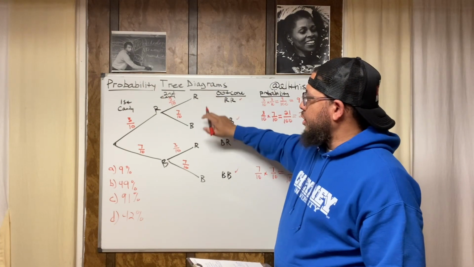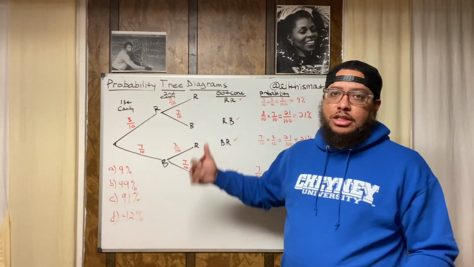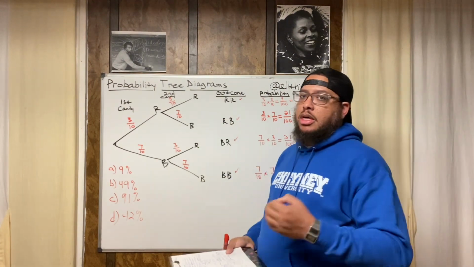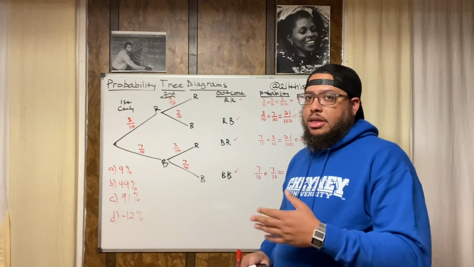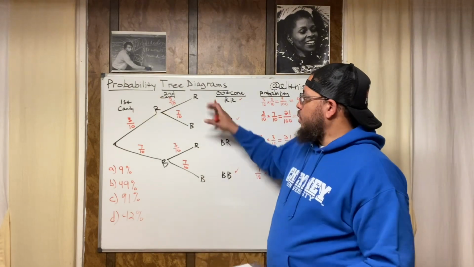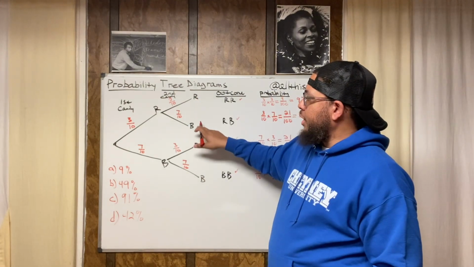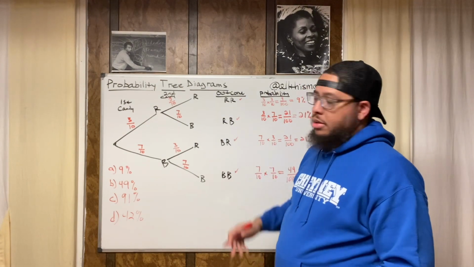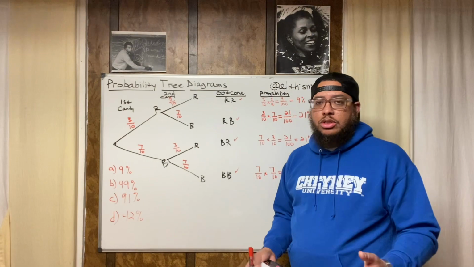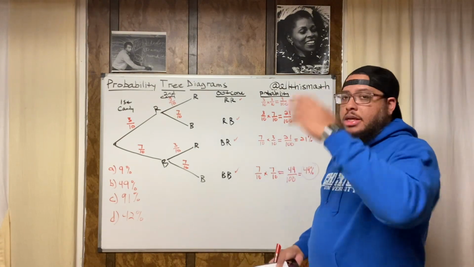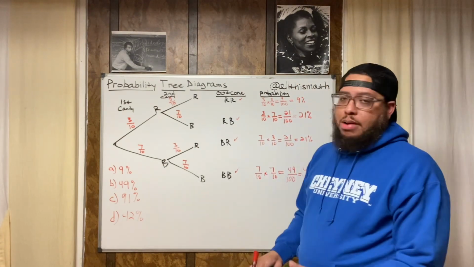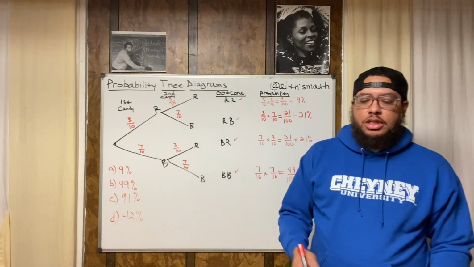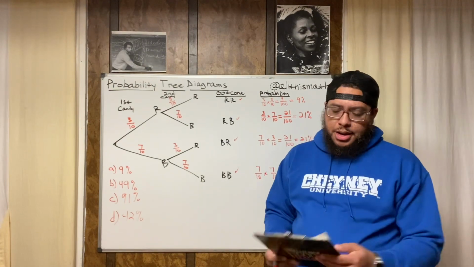Like if we changed this problem up and said, well, what if Jakisha took out 3 pieces of candy? What would be the likelihood of these different things happening, right? We would just put another branch here, another branch here, and so on, and then we answer the questions accordingly. So check that out. Probability tree diagrams, just a kind of introduction to that.